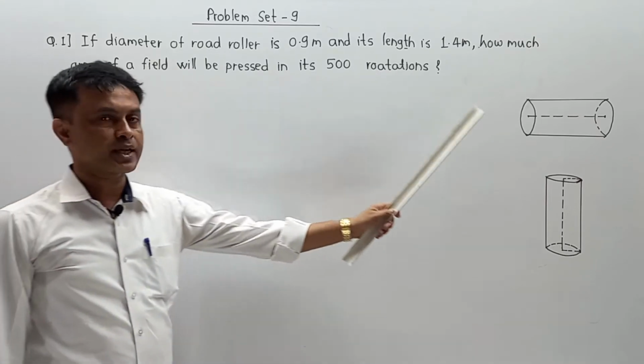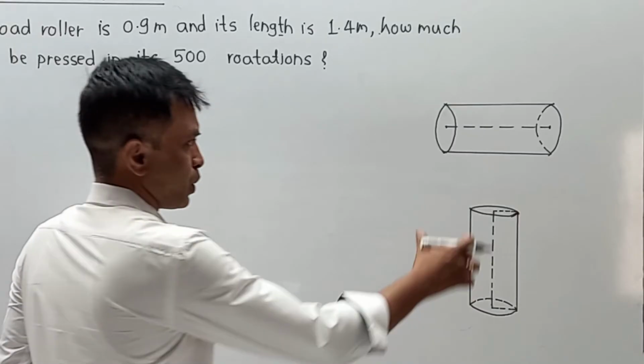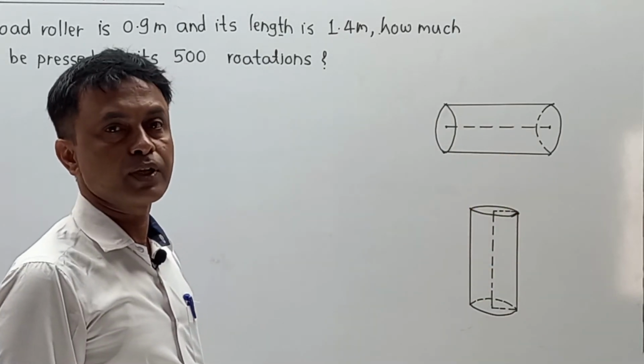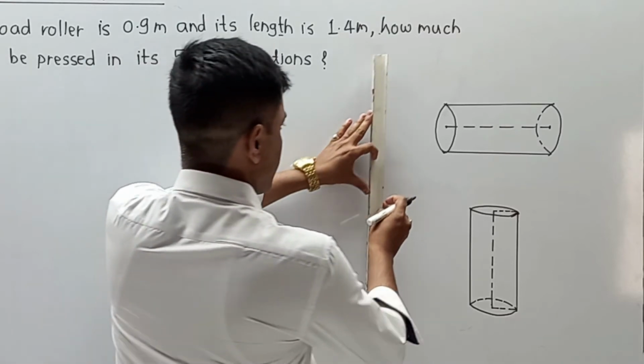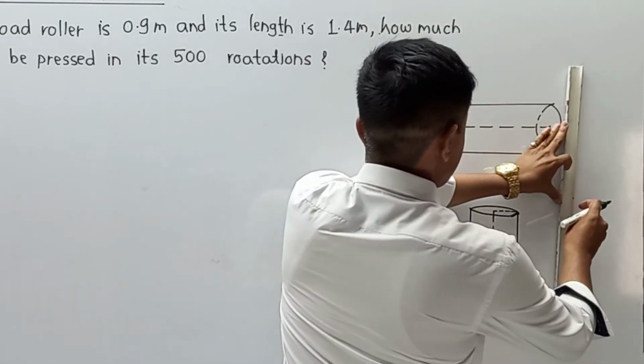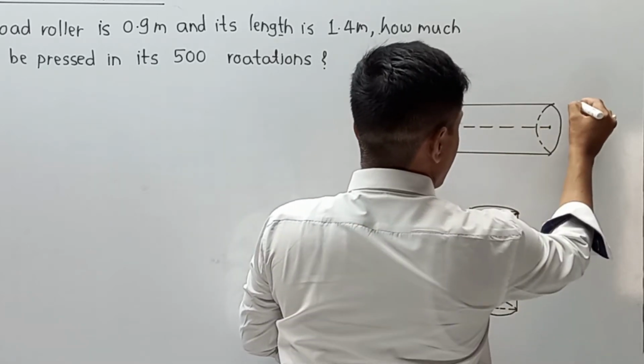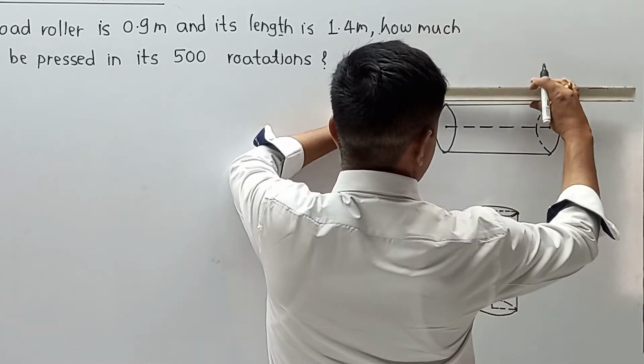Now please try to understand the diagram over here. A road roller is nothing but a structure of cylindrical shape, and they have given two conditions. One is nothing but the respective diameter, and second is nothing but the length.